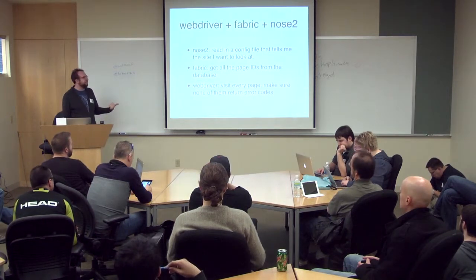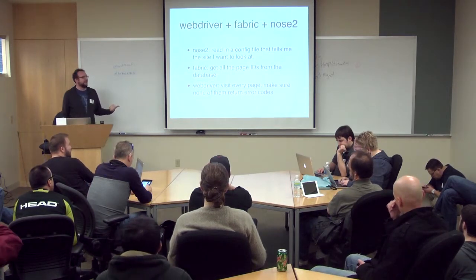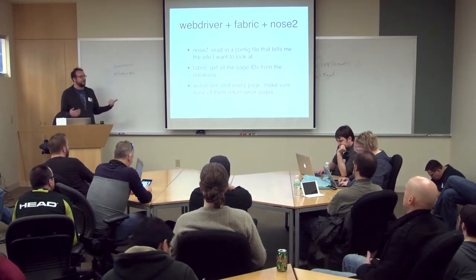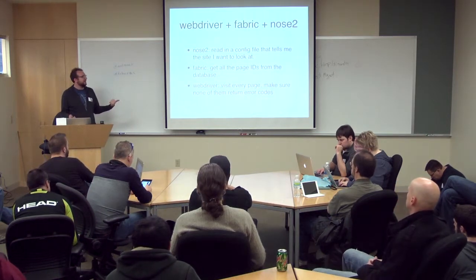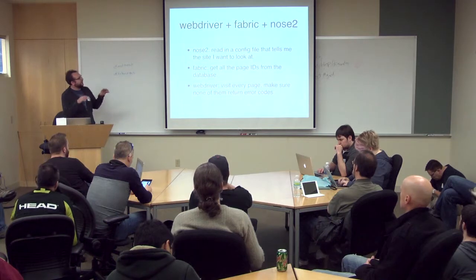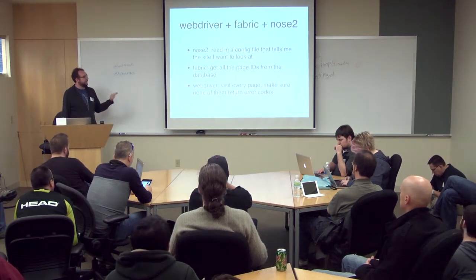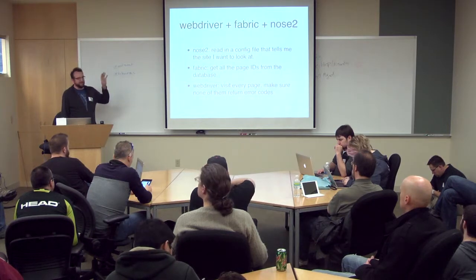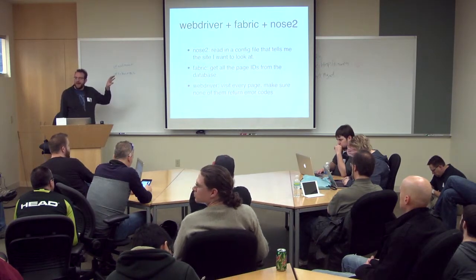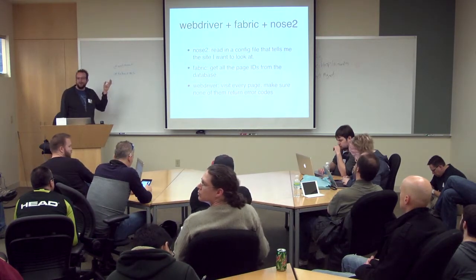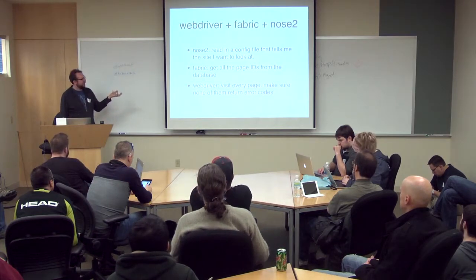And a relatively easy, fun thing to write, taking all 3 of these pieces together, is: take Nose2, you read in a config file that says what site you want to look at. And I haven't worked in WordPress for a while, but I'm pretty sure this would totally work in WordPress.